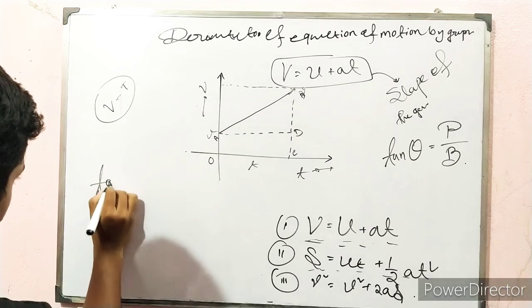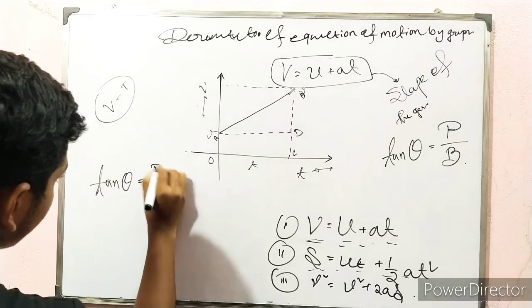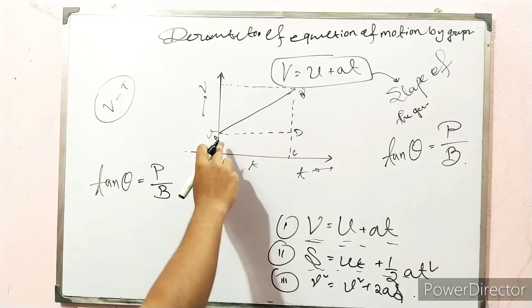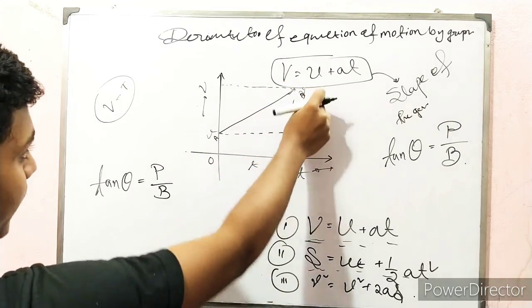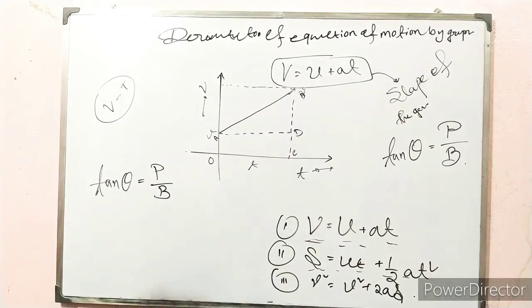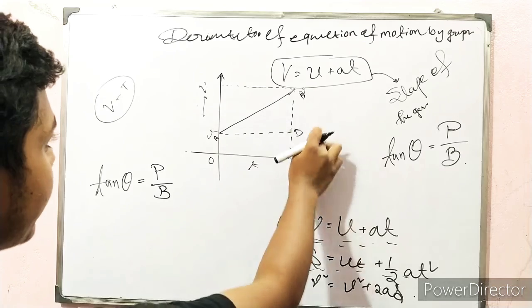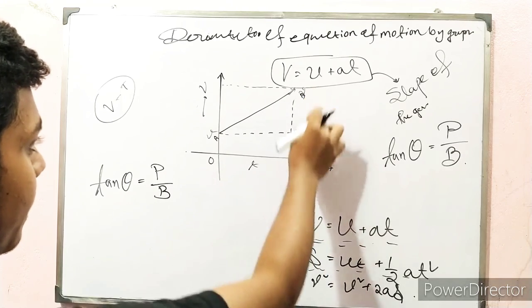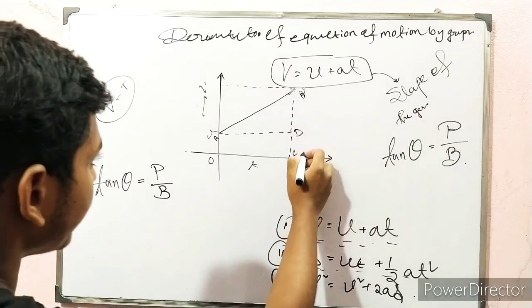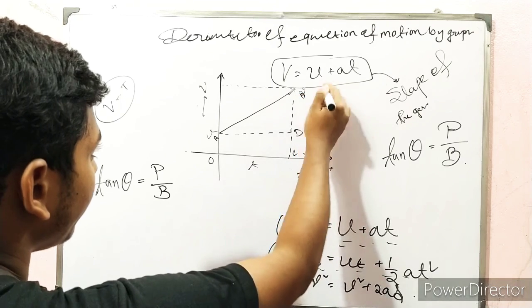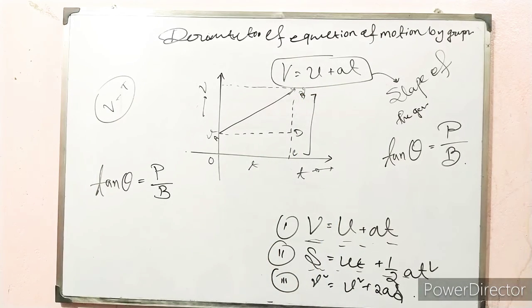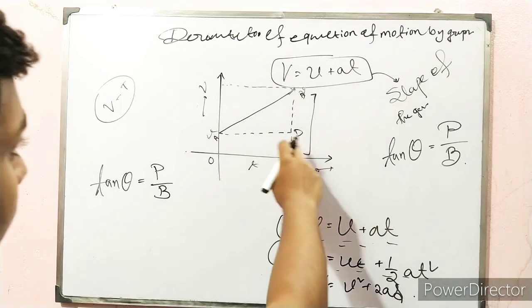Here I will write tan theta means perpendicular by base. So what is the perpendicular? That is BD. BD is the perpendicular. So we will write BD total, that is BD minus CD.